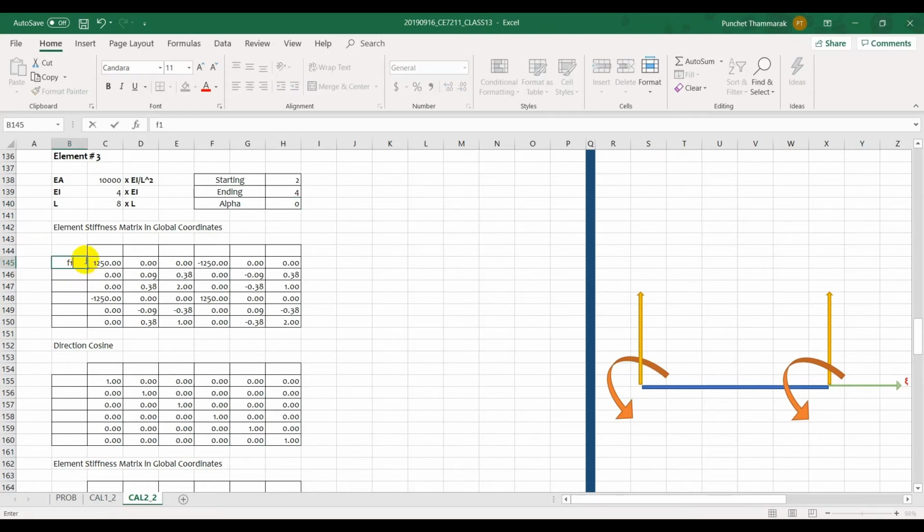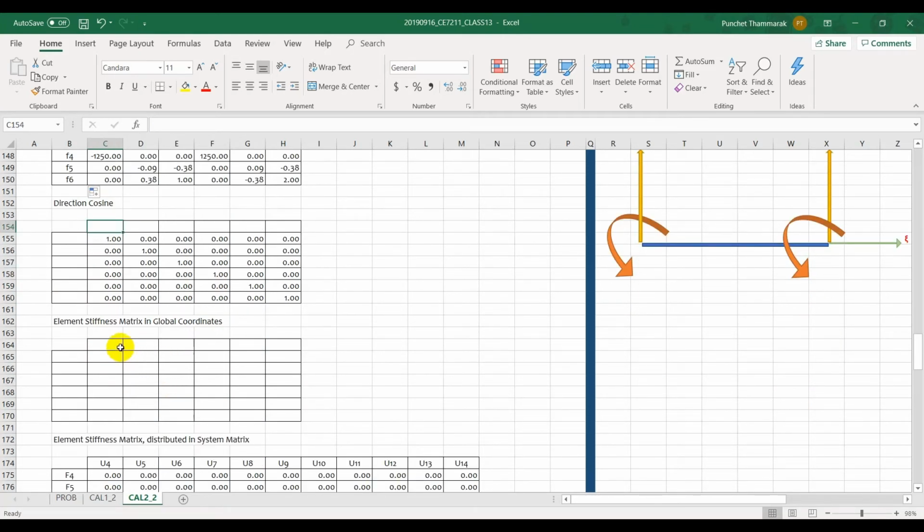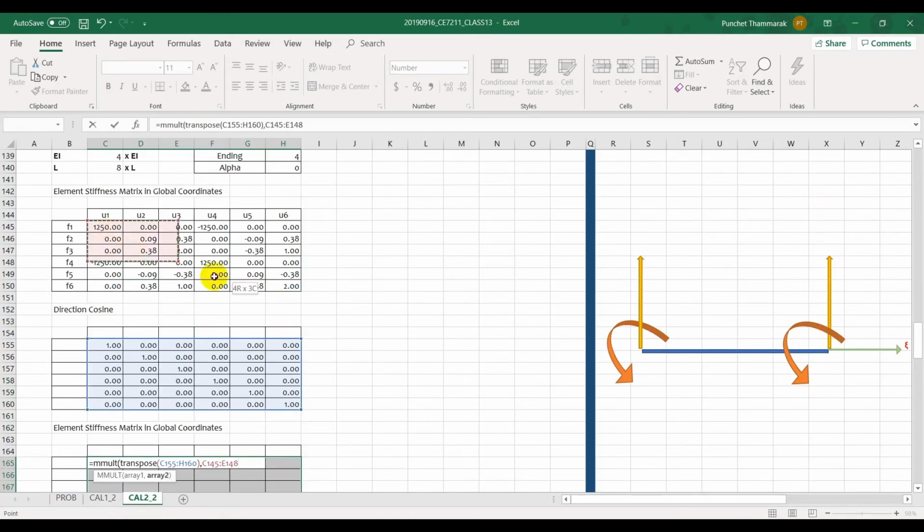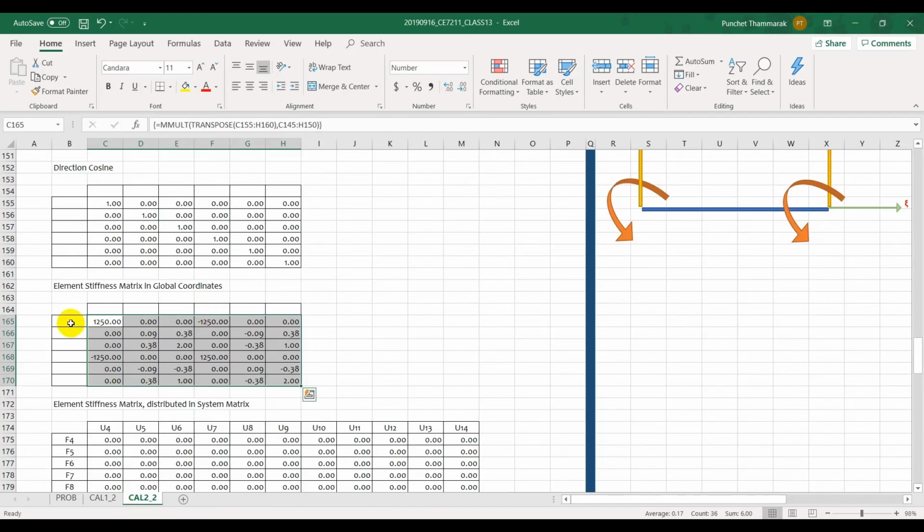Again, F1, U1, the local coordinate degrees of freedom and forces in local coordinate, and that is going to make us the transpose of this multiplied by this.